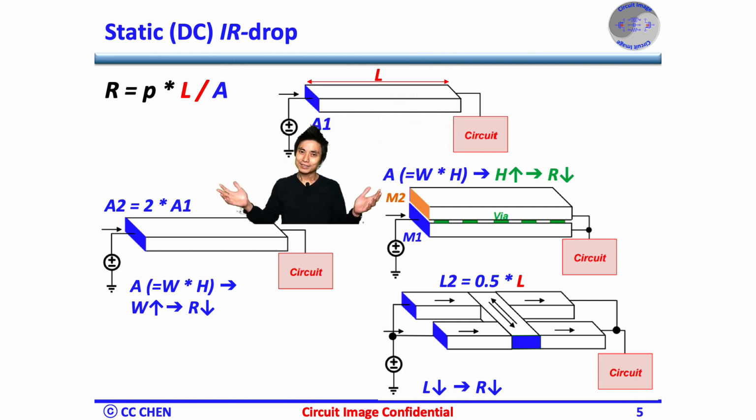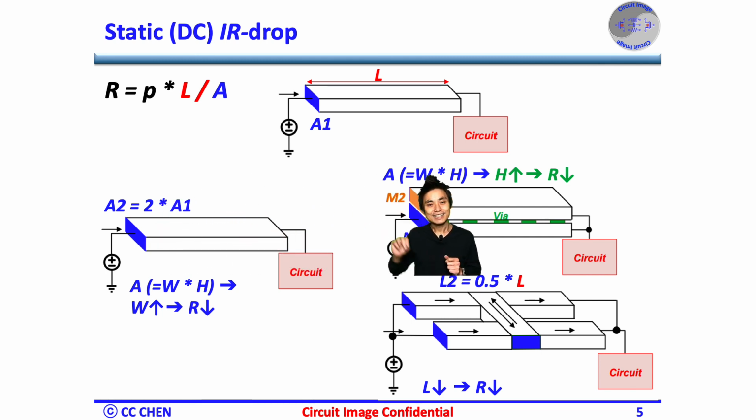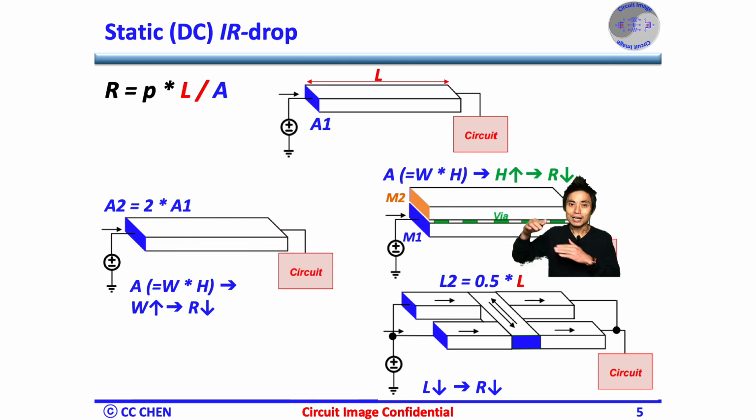What's further? Right. First, you could make the metal strip wider to increase the cross-section area and reduce the resistance. Second, you could increase the height of the metal strip by pairing a few metal layers together to increase the cross-section area or reduce the resistance.